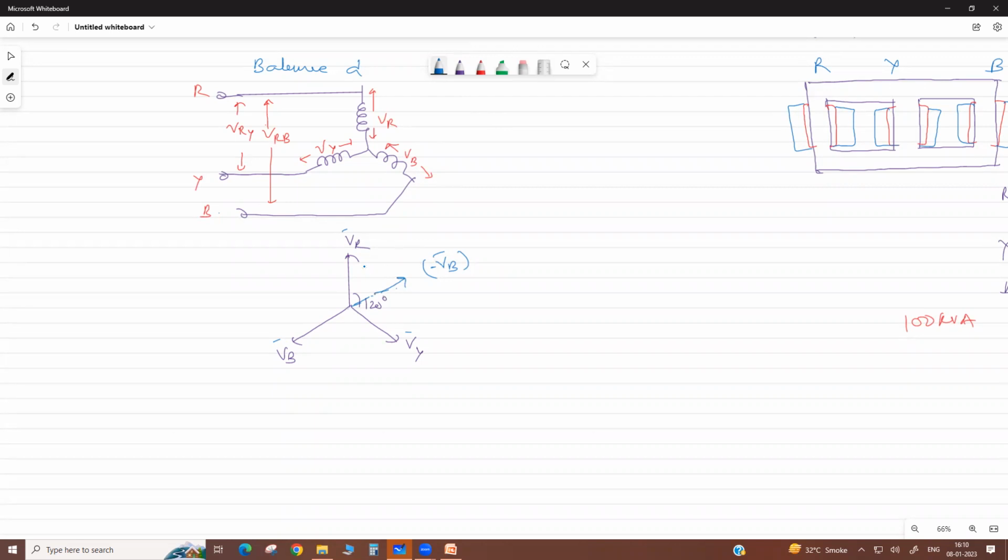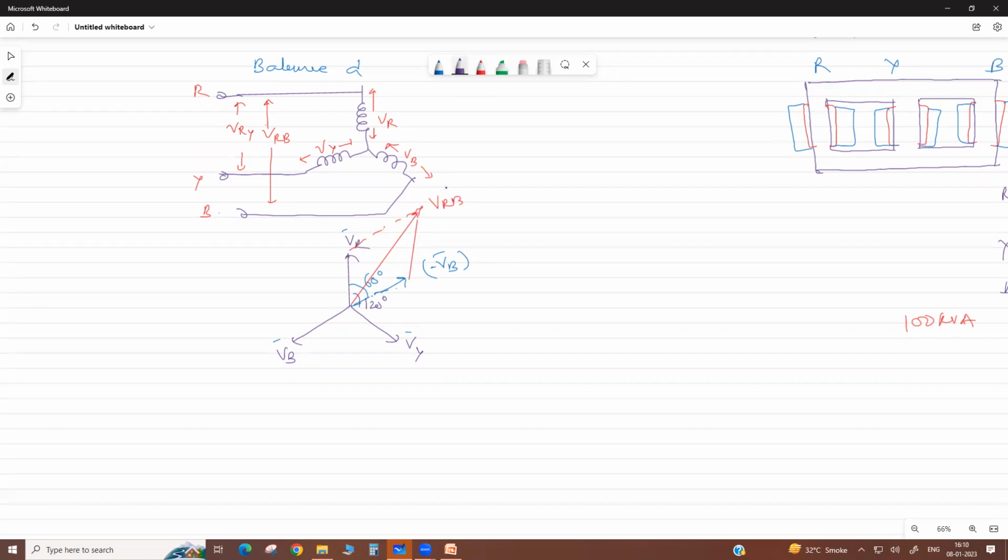But now this angle becomes 60 degrees. So if we calculate their vector sum, this is the resultant of these two vectors, VRB.